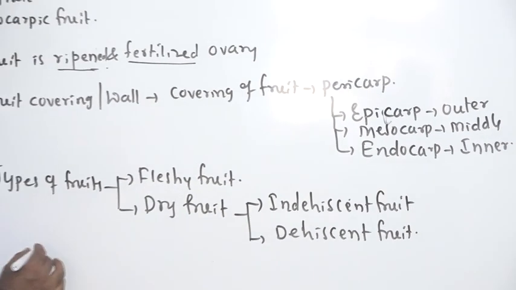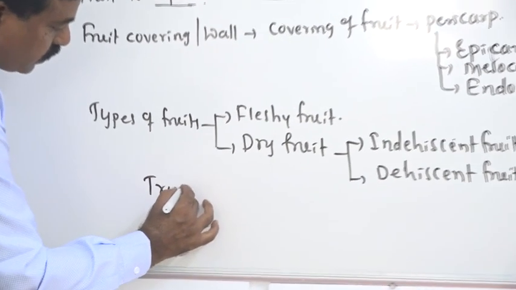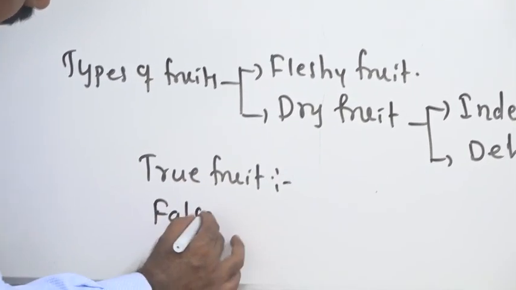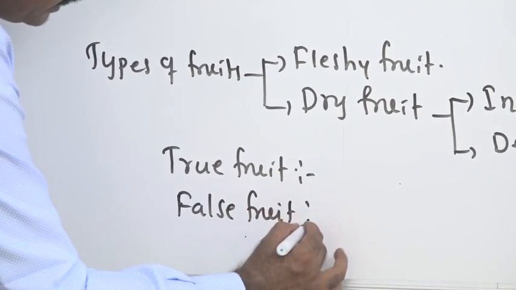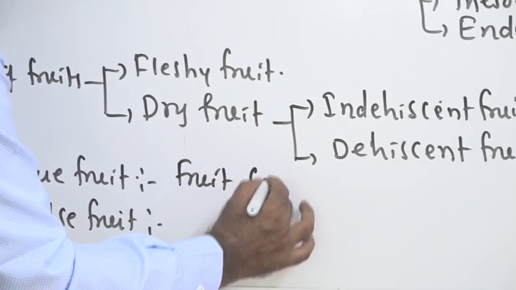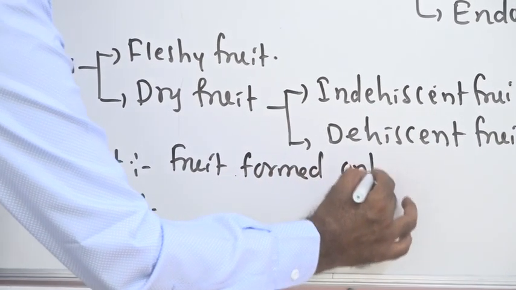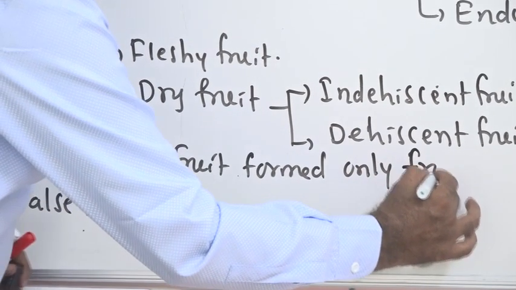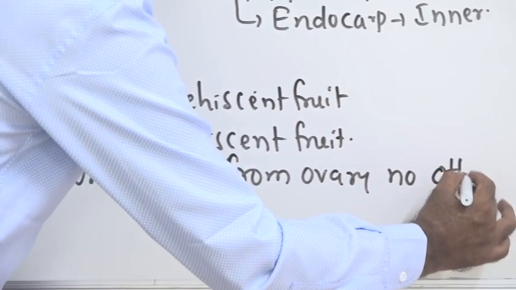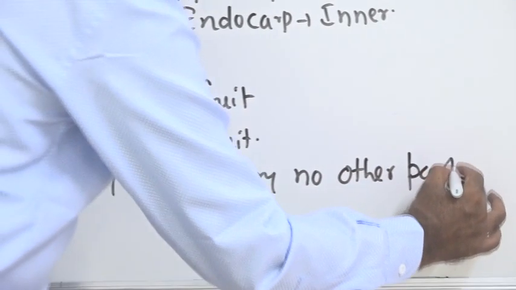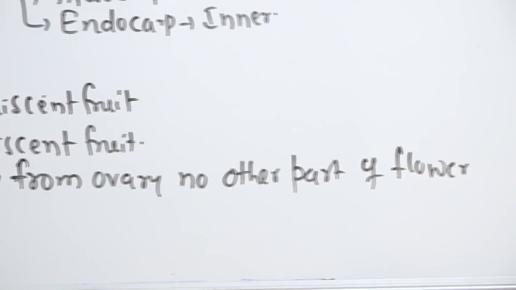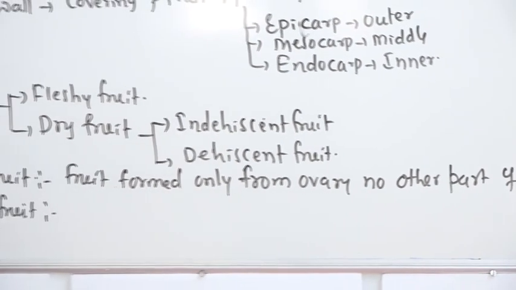Then one more classification of fruit: true fruit and false fruit. Very simple. If the fruit forms only from the ovary, with no other part of the flower involved, such a fruit is called a true fruit.